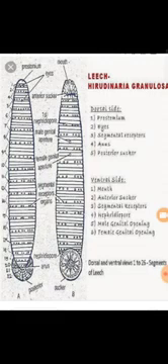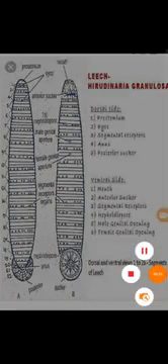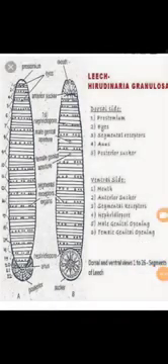Segment number 1 has only one annulus, so the total number of annuli is 1. Segment 2 has one annulus, so the total is also 1. Segment 3 has 2 annuli, so the total is 2.